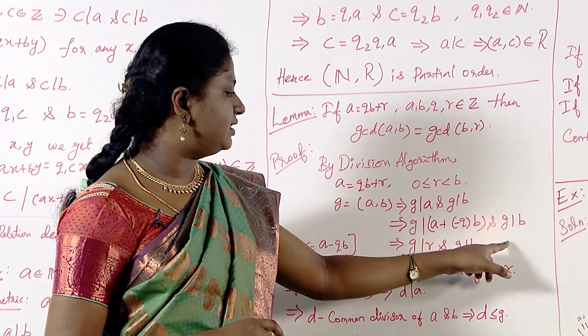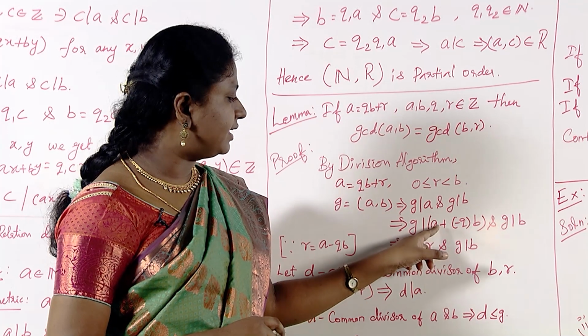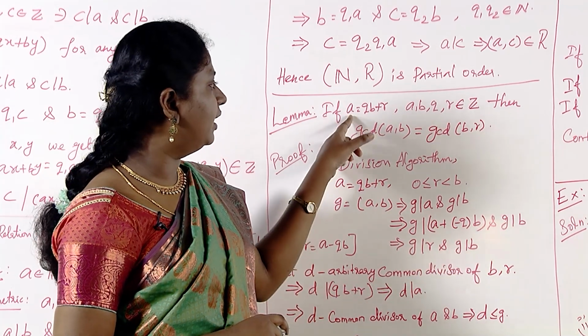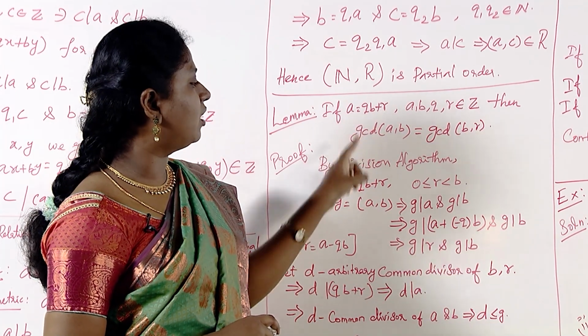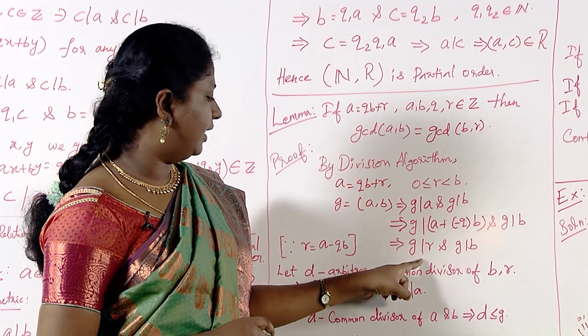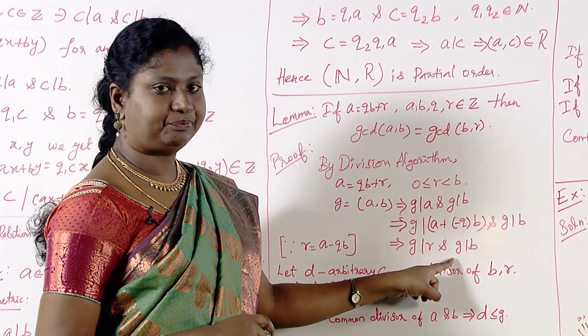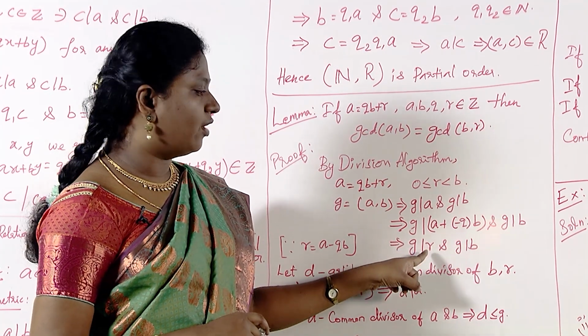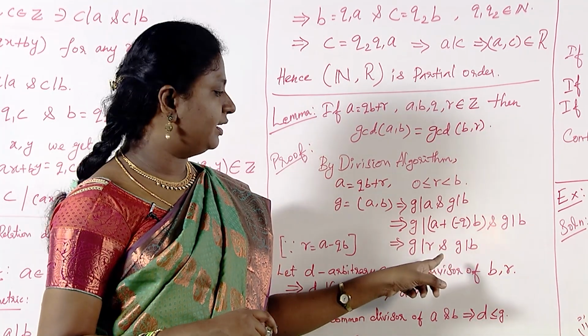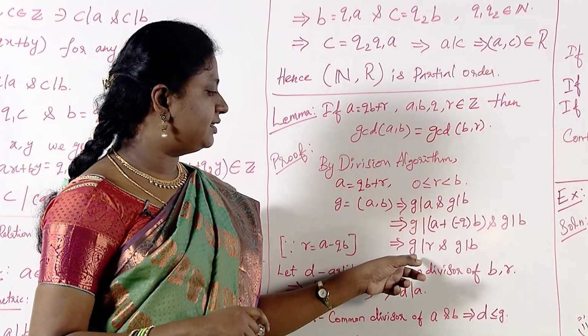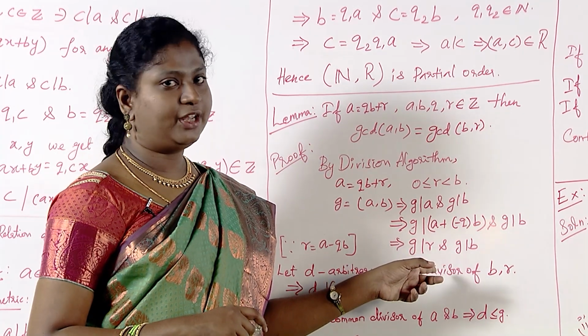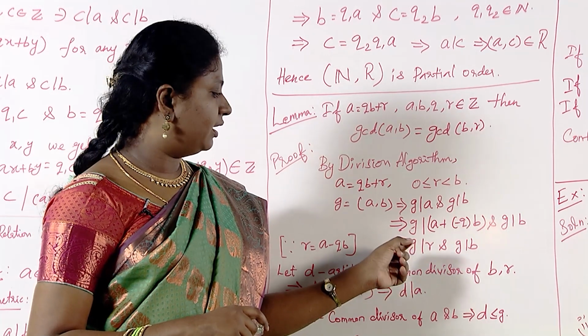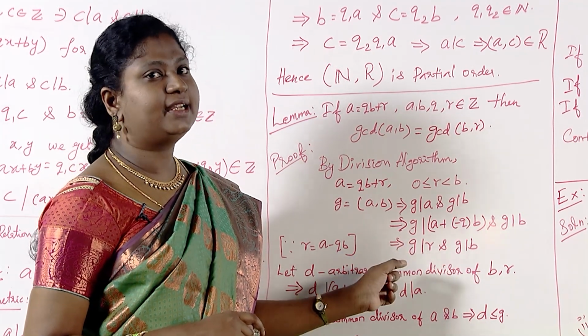What is A minus QB? A minus QB is R. Therefore, G divides R and G divides B, which means G is a common divisor of R and B. So, can we say that G is a GCD of R and B? We cannot say right now, right? Because we have to prove the second condition also.